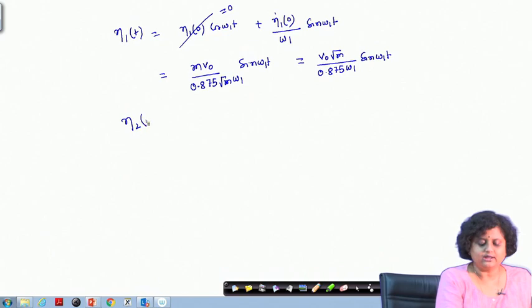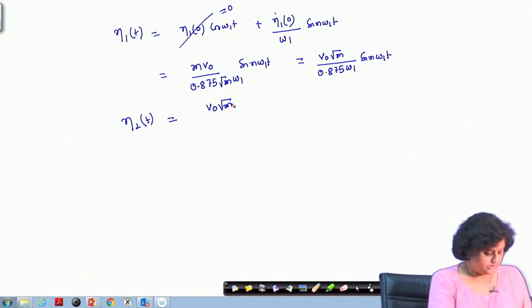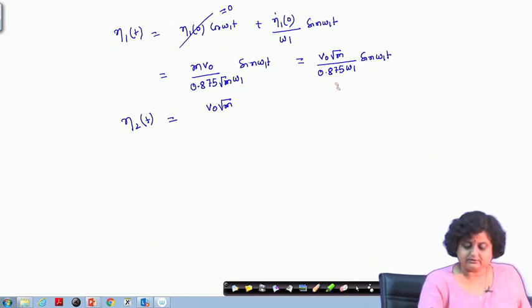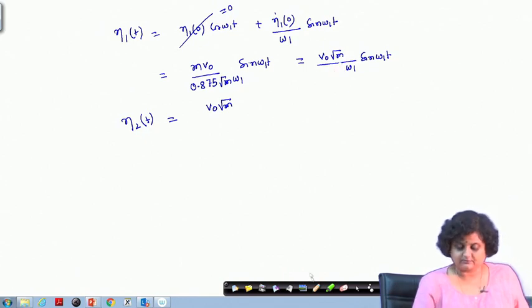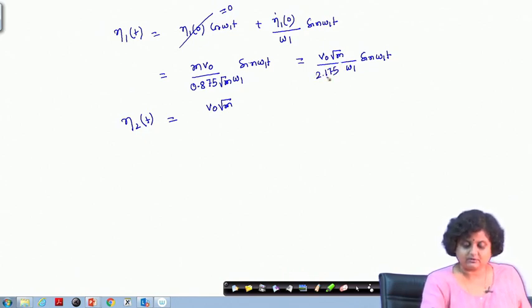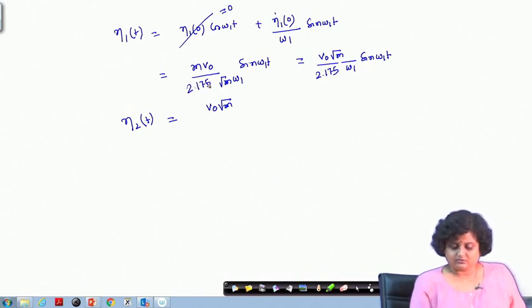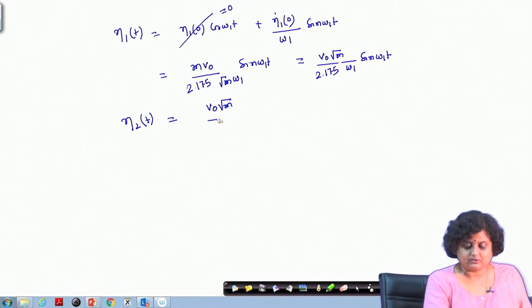Similarly, eta 2 t is going to be v 0 by root over m into, this should have been 0.2175, so this is 0.875 omega 2 sin omega 2 t.